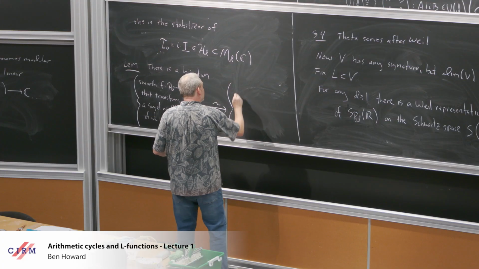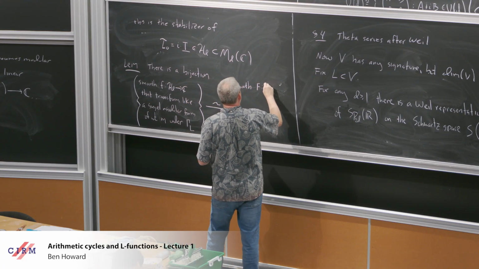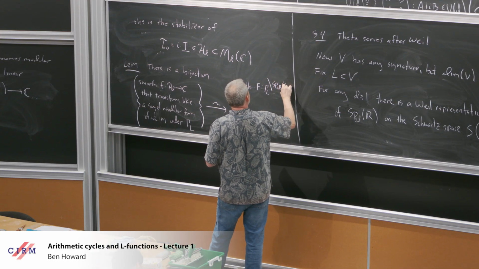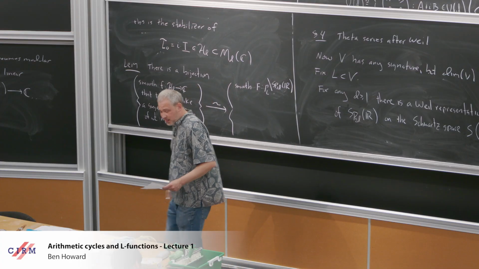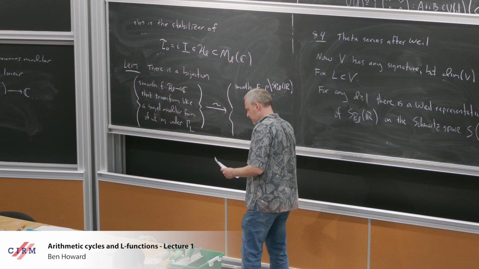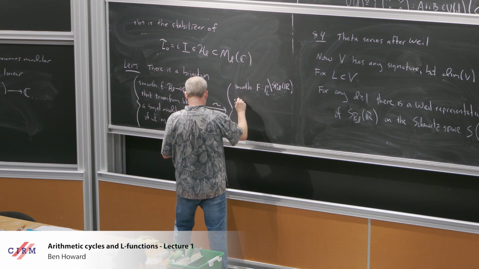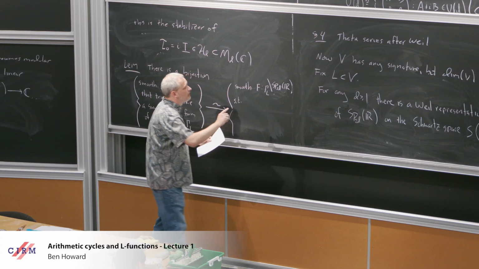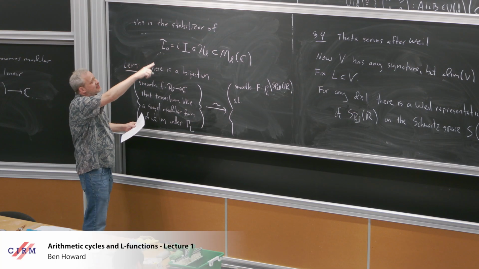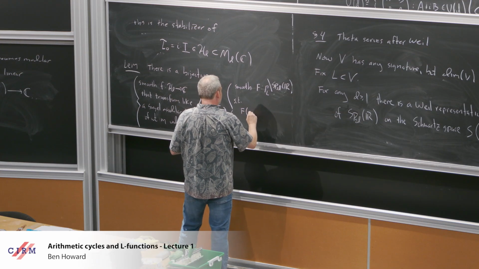and smooth functions capital F on gamma L mod Sp 2d R, such that under right multiplication by this compact unitary group inside of the symplectic group, they transform in the following way.